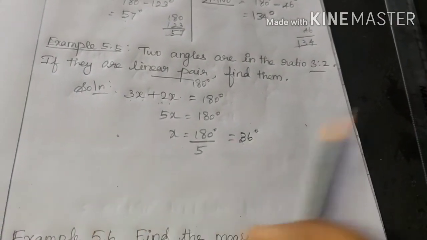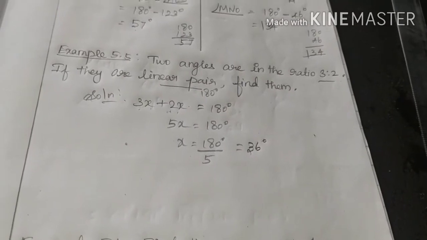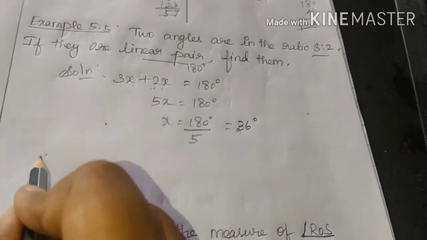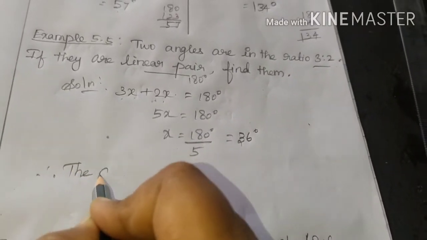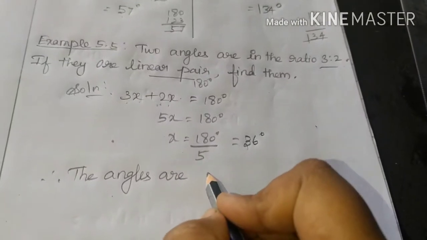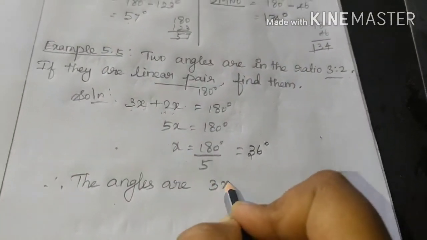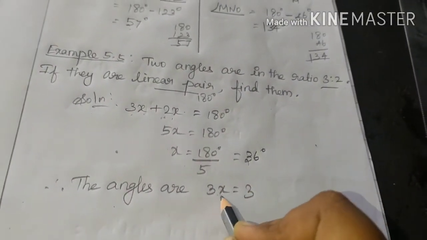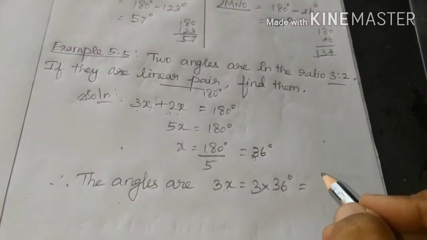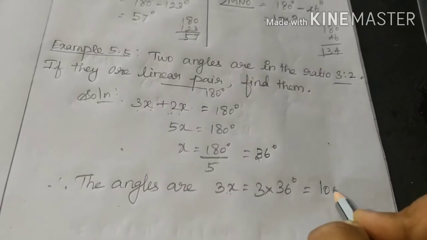So here we have 3x plus 2x. Now therefore the angles are: 3x equal to 3, instead of x we substitute 36. I will get 108 degree.